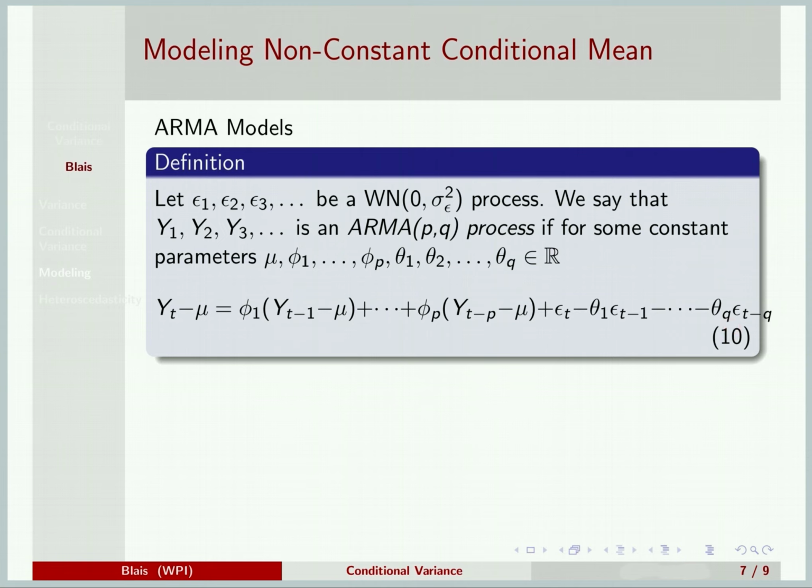This can give you a model where you can condition on these previous terms to have a guess at the conditional expectation of yt. We leave that for a future lecture, but it is important to note that we do have models for non-constant conditional means.